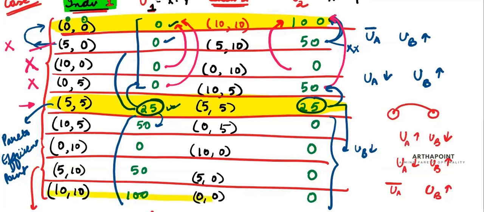Similarly, this is also a Pareto efficient point. When you move away from this point, then utility of individual A is definitely decreasing. Move to any point above, A's utility is definitely decreasing. So you will have to decrease the utility of A in order to increase the utility of B. So this is also a Pareto efficient point.